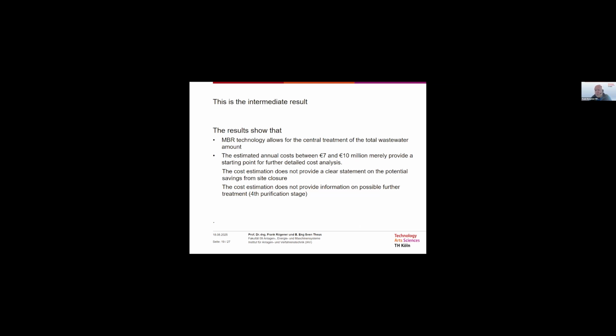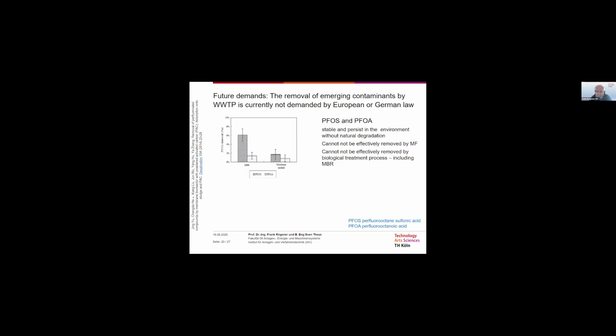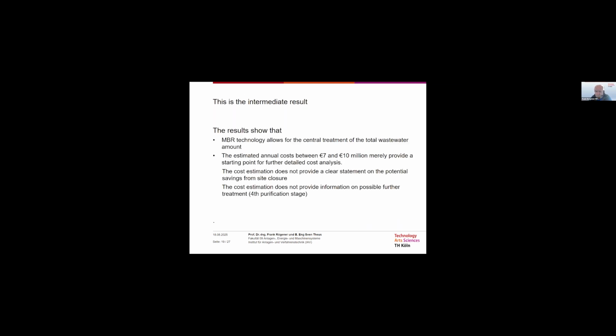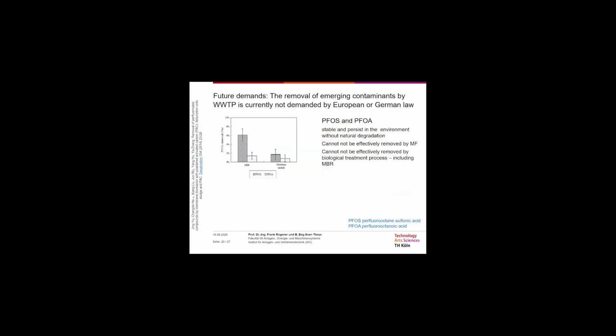Several other costs have to be included in a more concise calculation. And the most important thing is that, in principle, a membrane bioreactor can also fulfill the demands of future fourth purification stages, and this is explained here.